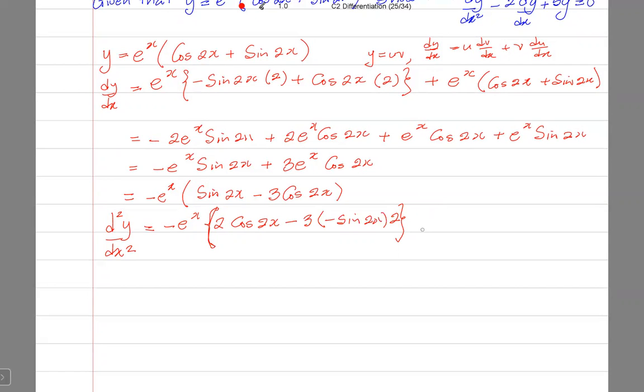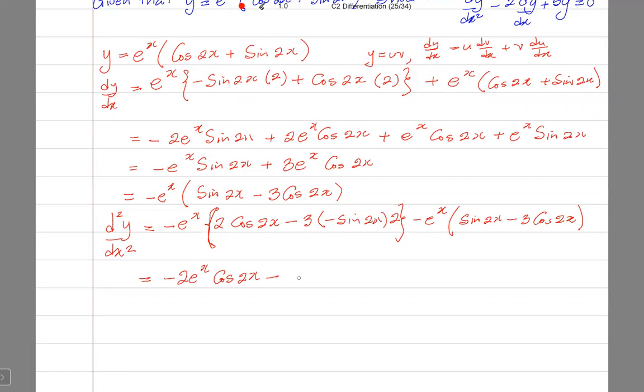Plus differentiate the first. When you differentiate e to the x, you get e to the x. So this is minus e to the x. Leave the second, the sine of 2x minus 3 the cosine of 2x. So let's simplify to make life easier for ourselves. This is minus 2e to the x cos 2x, and negative times, and well, these are three negatives.